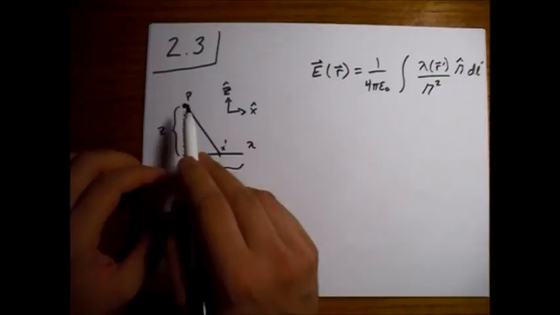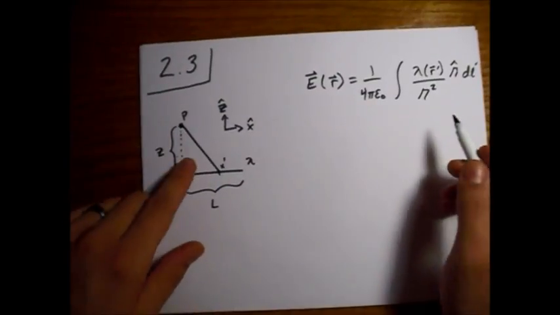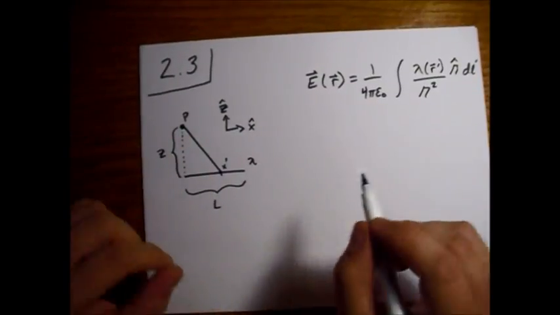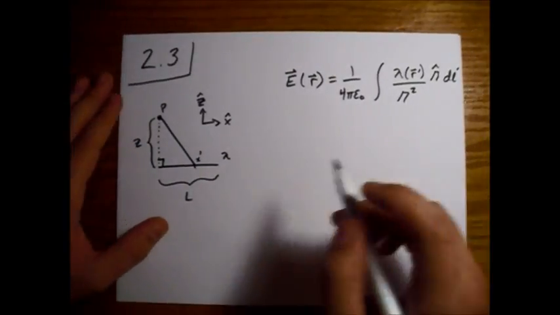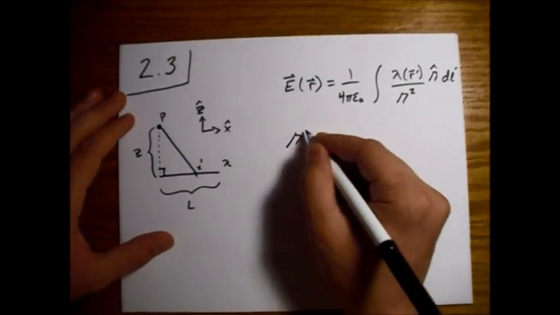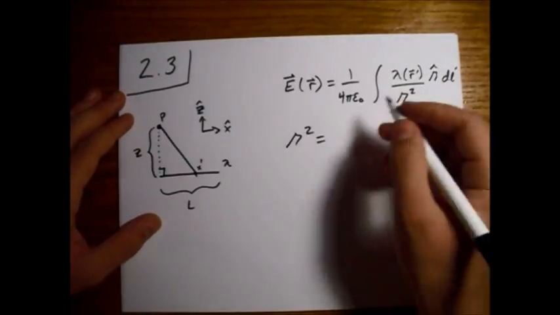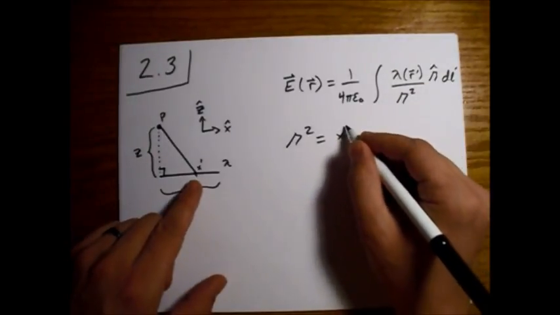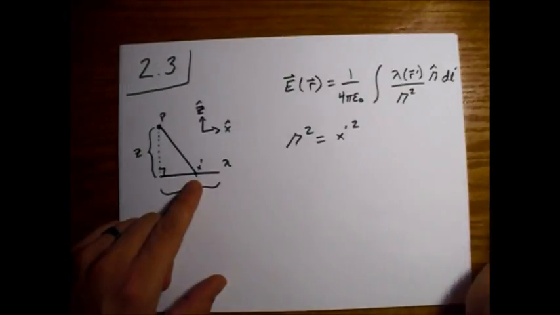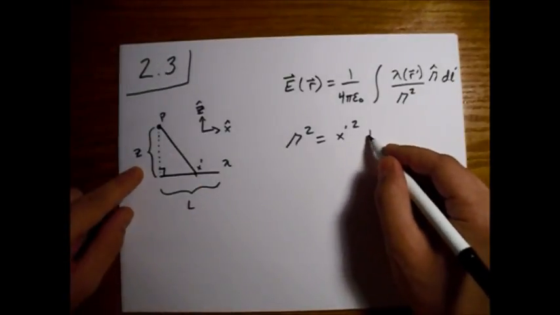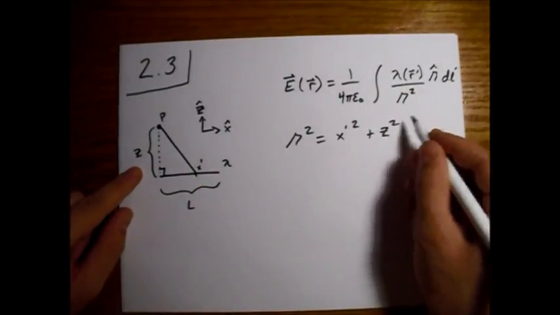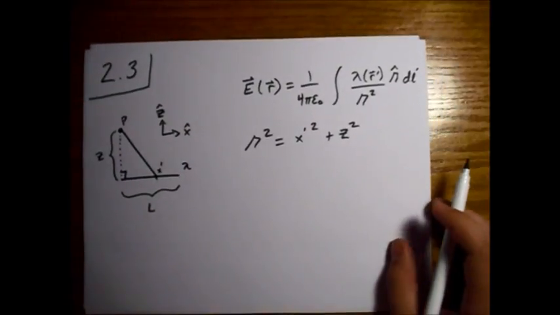And so the length we just get from trigonometry, right? This is a right triangle. So let's just write this out. Just from Pythagorean theorem, cursive r squared is equal to this x prime squared plus z squared. So now we have this piece as well.